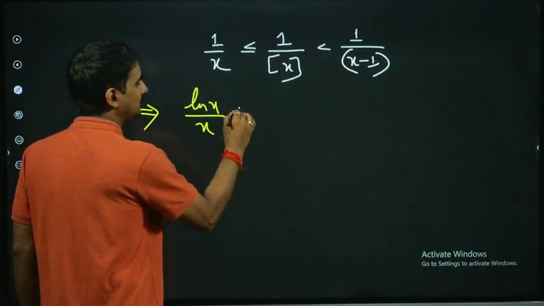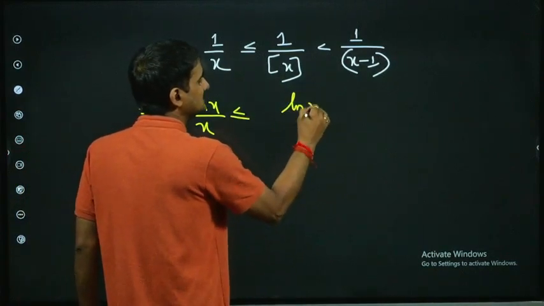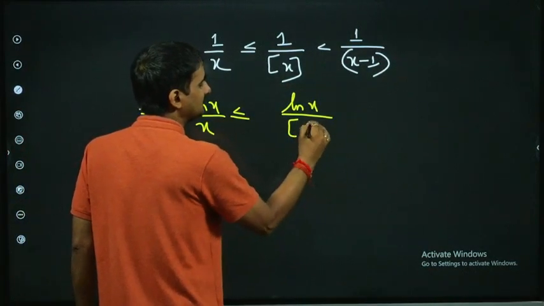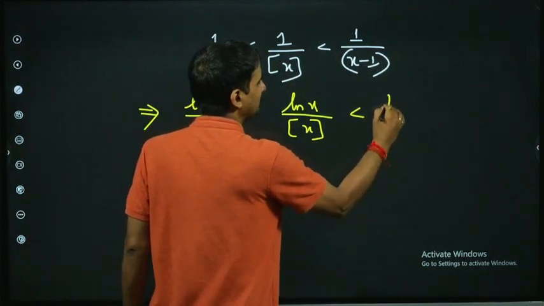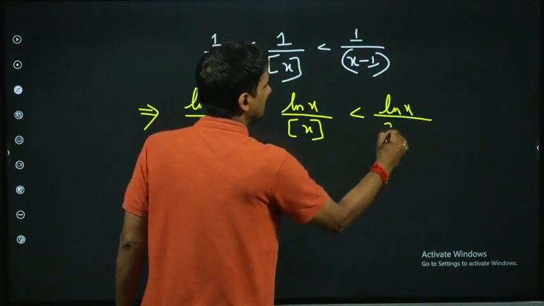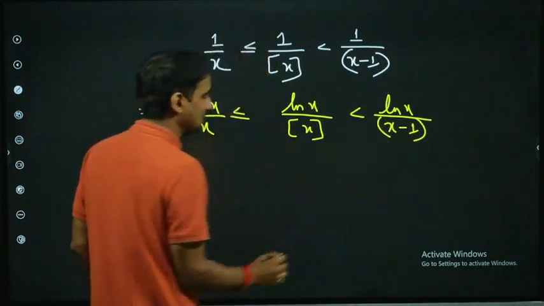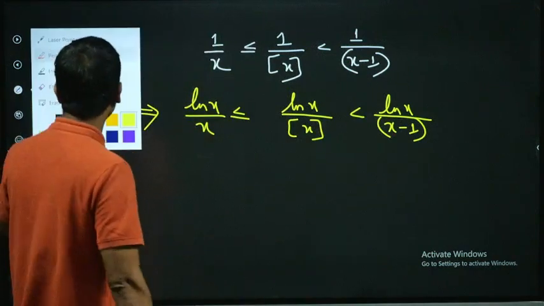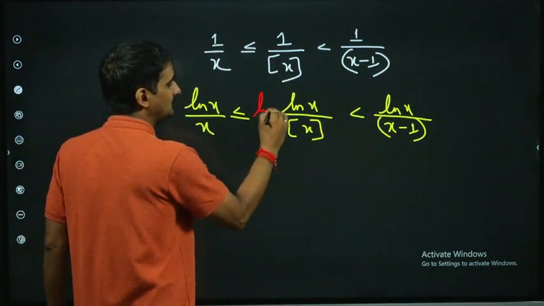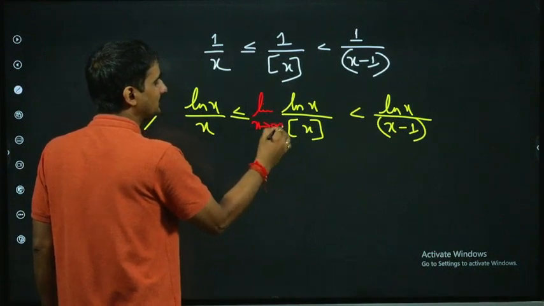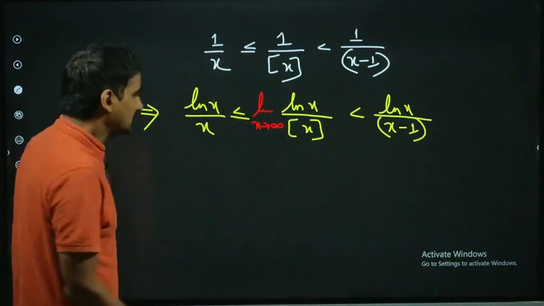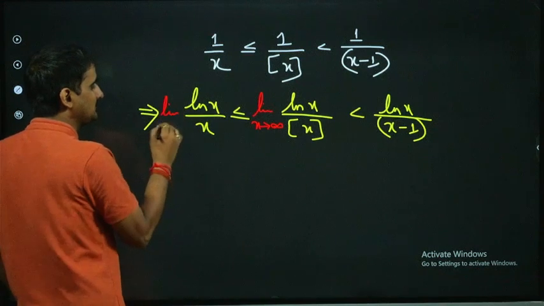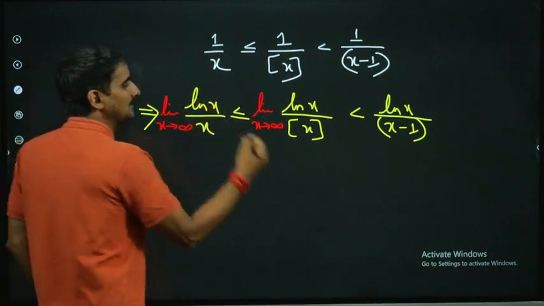So the expression is ln x upon the greatest integer of x, whose limit we have to evaluate. Now we know it is a function f(x) which lies between g(x) and h(x), and we have to evaluate its value as x approaches infinity. So what did I tell you according to the Sandwich theorem?